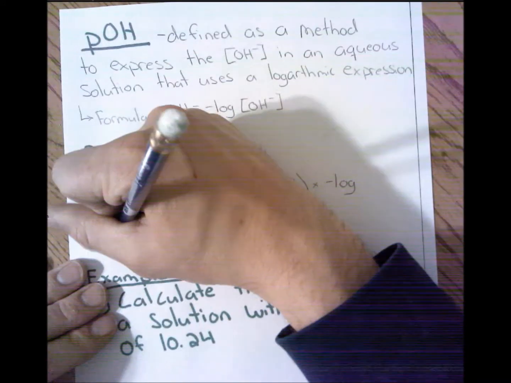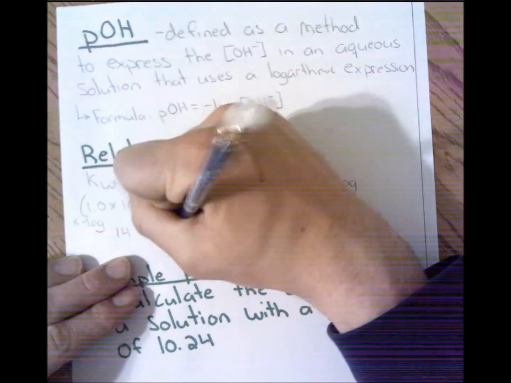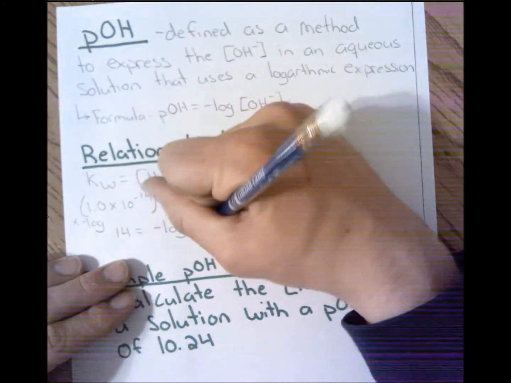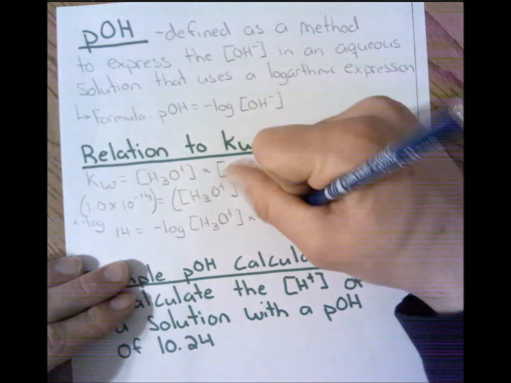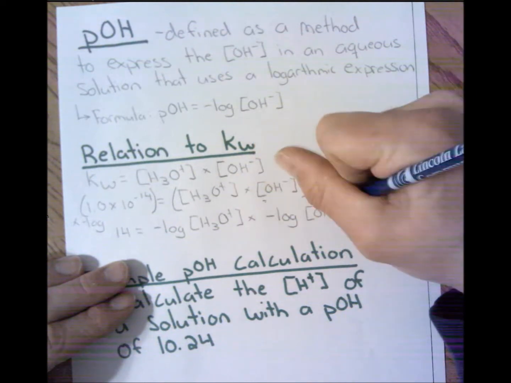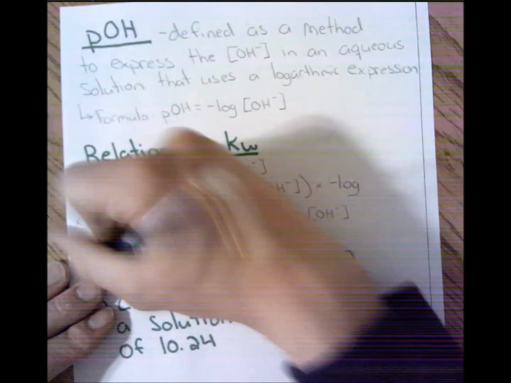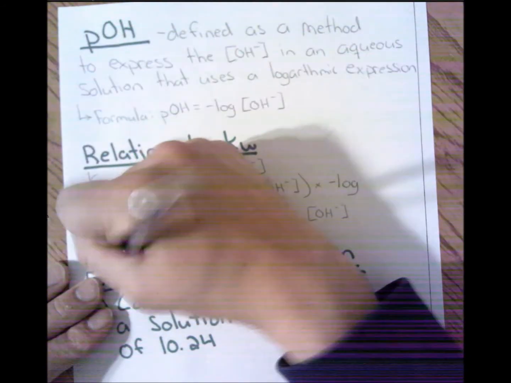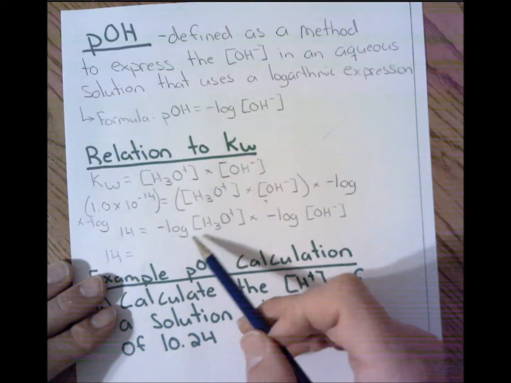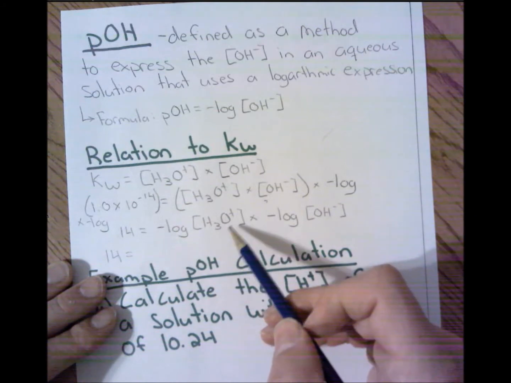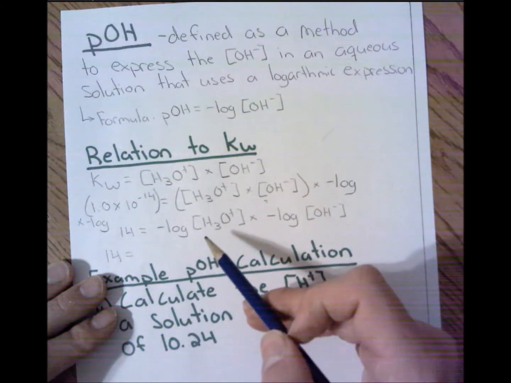So 14 is going to equal the negative log of H3O plus times the negative log of OH minus. Now, I'm going to leave 14 out and about, but what I have is this, the negative log of H3O plus. This looks really familiar, because this is what is equal to the pH.